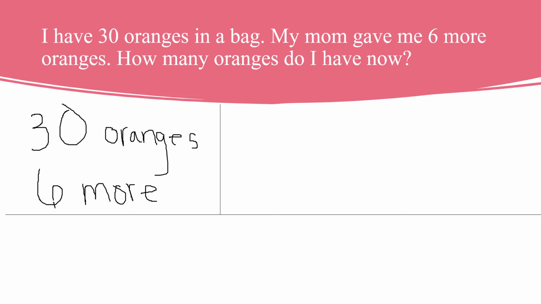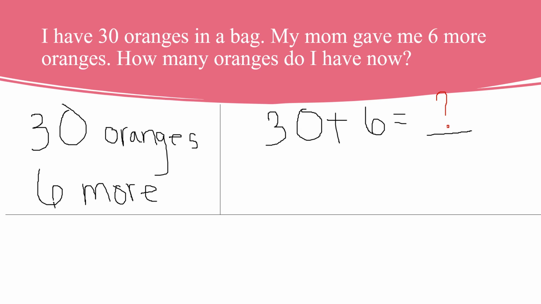So now that I figured out my numbers, I will put it in an equation and I'm gonna solve it. So I'm gonna put 30 plus 6 equals, so we don't know this number. We are trying to figure out what is our total.